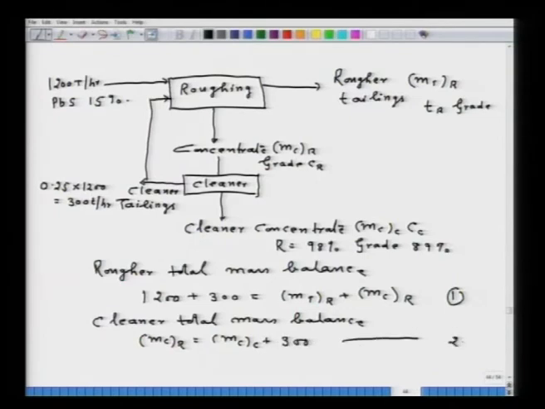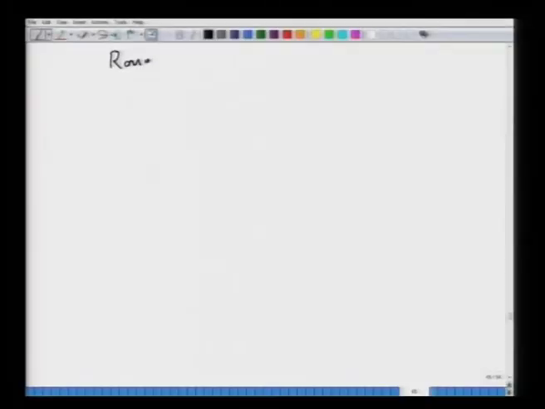our equation number 2. So, similarly then proceeding further, we will do rougher lead sulphide balance, where the mineral grade is given.